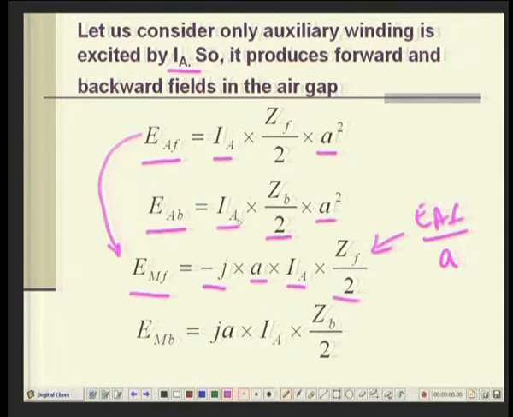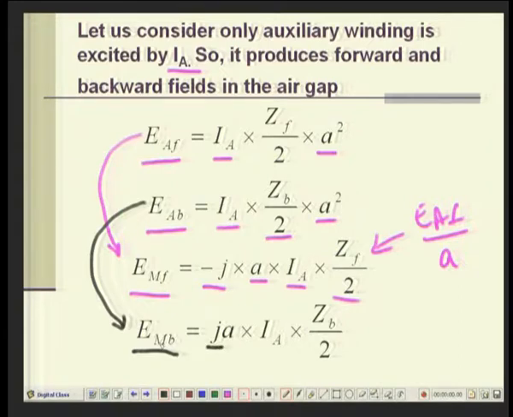And now the EAB: the same field producing a voltage in the auxiliary winding will also produce a voltage in the main winding, which is ahead for the backward field.